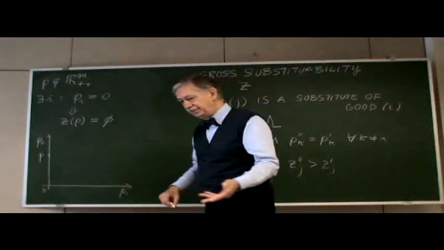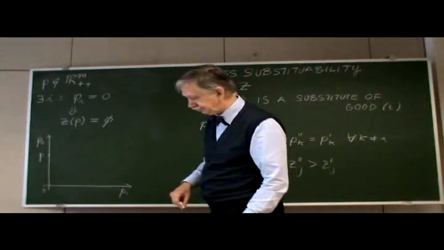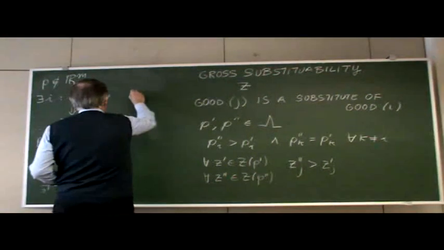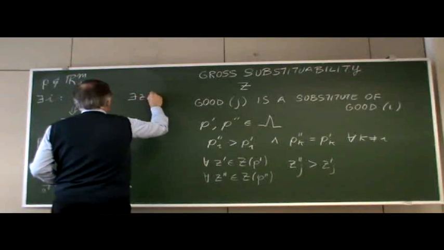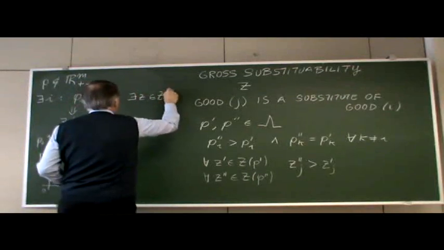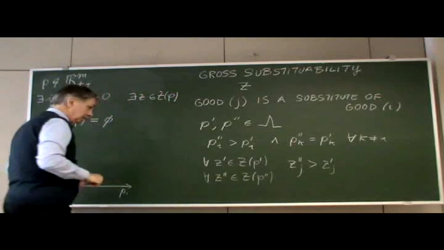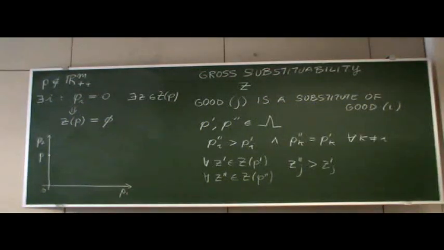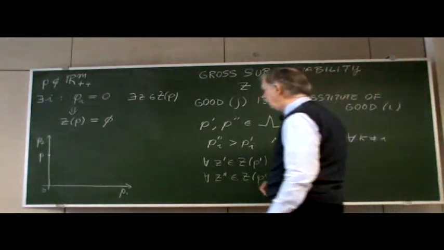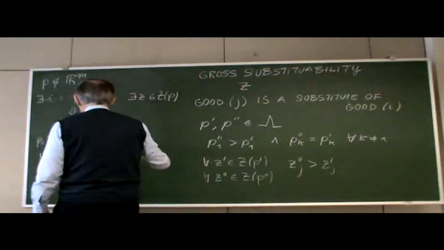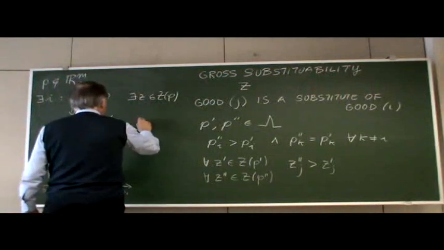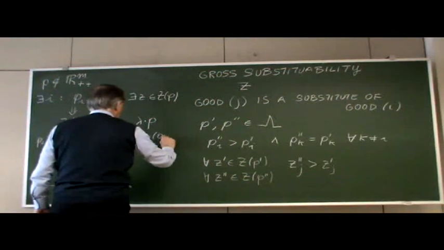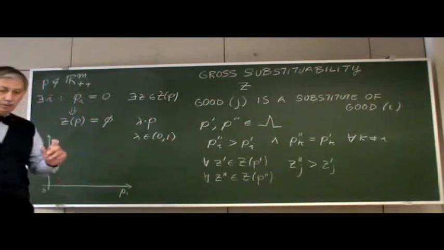Clearly the other component is a positive number. Suppose ab absurdo that there exists a Z in large Z of P. So that tells you that there is an excess demand vector according to this P. Now consider the price system lambda times P, where lambda is, for example, in the interval 0, 1.